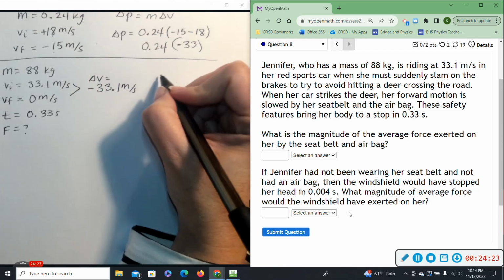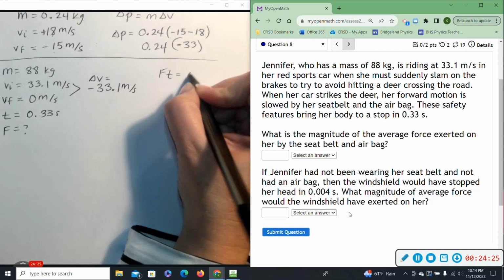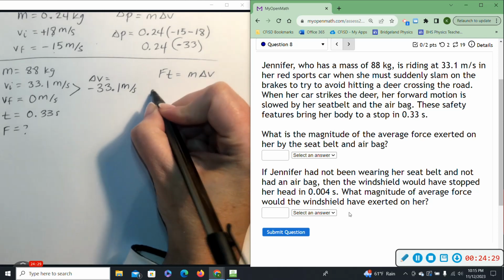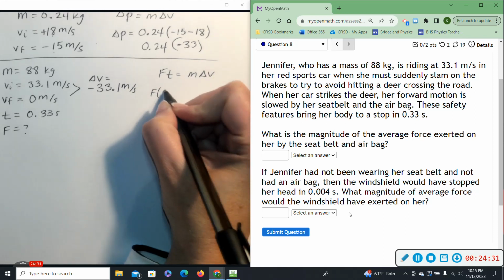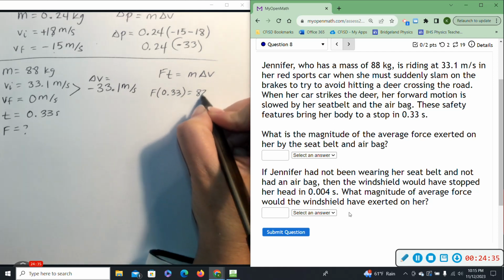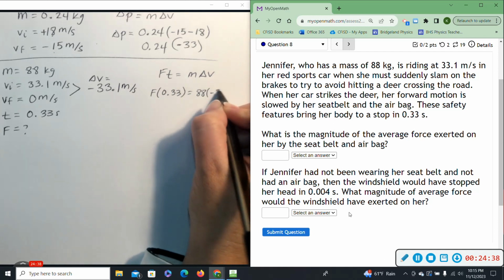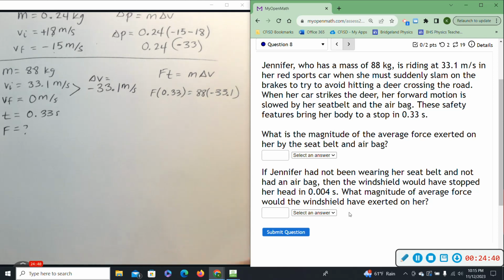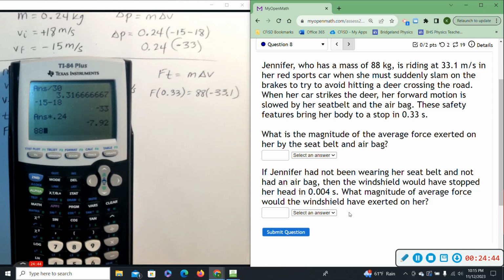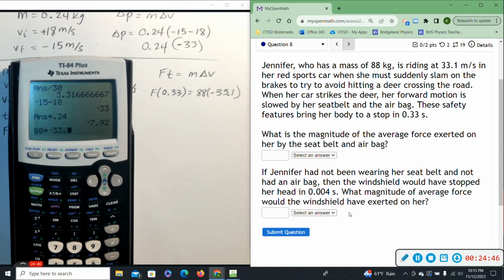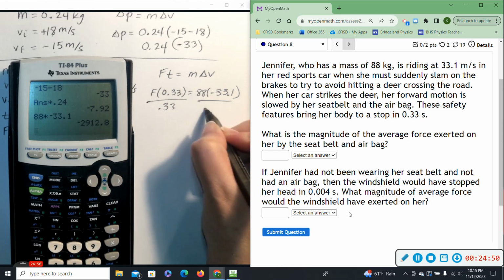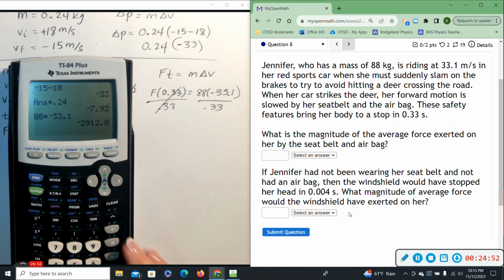If I want to solve for force, I'm going to use this formula, Ft equals m delta V. Plugging in, that's going to be force times my time of 0.33 equals my mass of 88 times my change in velocity of negative 33.1. So let's go ahead and multiply 88 times negative 33.1, and then we're going to divide it by 0.33.